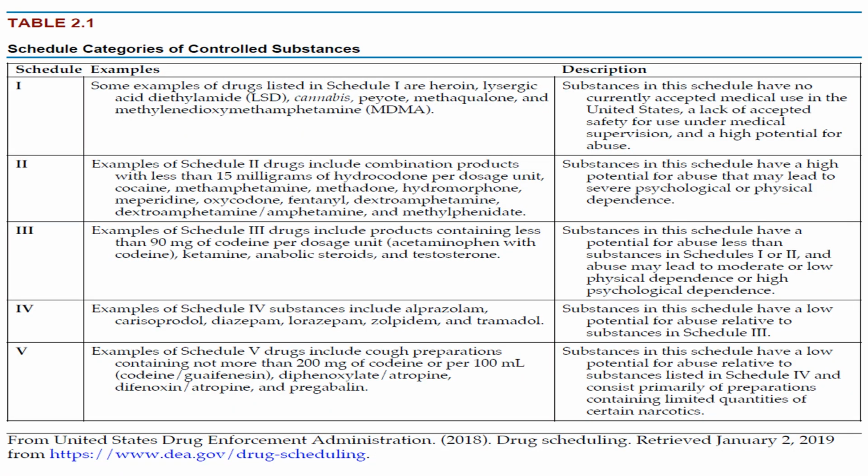Now, here we have the table for schedule categories of controlled substances. These are medications that have high potential for abuse and may cause different problems for the users and abusers. So, rank 1 will be the strongest, wherein rank 5 will be just a strong type of medication.